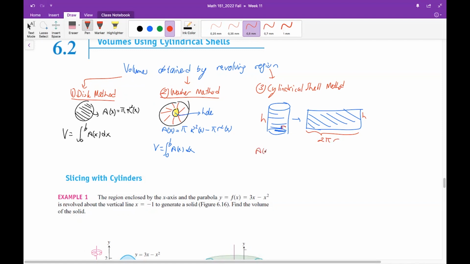So the area of this cross section is the area of this rectangle, so 2 pi r times h, and then the idea of computing the volume is the same. You will continuously sum all the areas of those cross sections. So if you integrate A of x with a definite integral like this, you will be finding the volume of the whole three-dimensional solid. This is a very general summary of it.